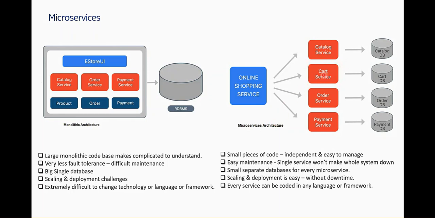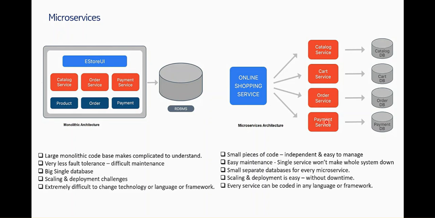Four developers can work simultaneously on their part of the code and develop it in any language or framework of their choice. Maintenance is very easy because a single service won't bring the whole system down. If you have a problem in the catalog service and it is down, there should not be a problem with the rest of the services.